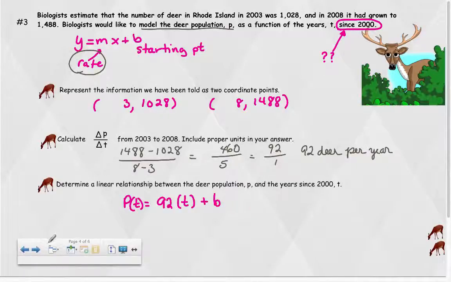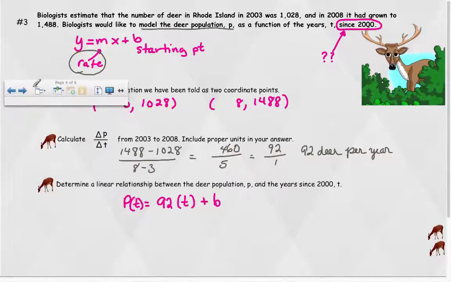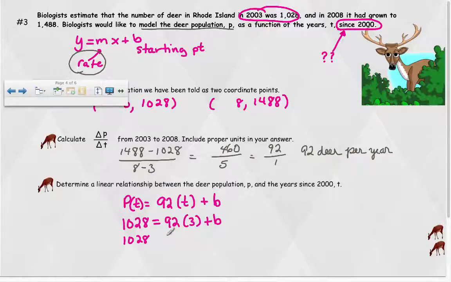Where we're going to put in the values for x and y that are on the line, and they have to work. So I'm going to use the first point. I'm going to put in the population of the deer, 1,028, 3 years since 2000. So I'll put 3 in for my t, and that'll figure out my y-intercept. 92 times 3 is 276.